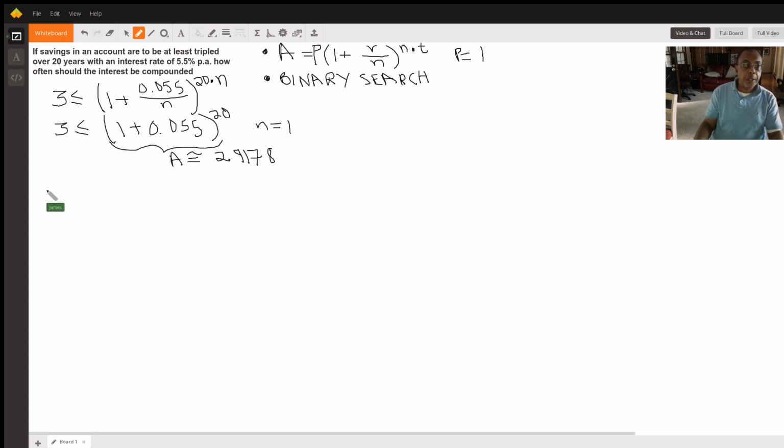Let's try n equals 10. Put that into your calculator. You're going to get A is equal to approximately 2.995.